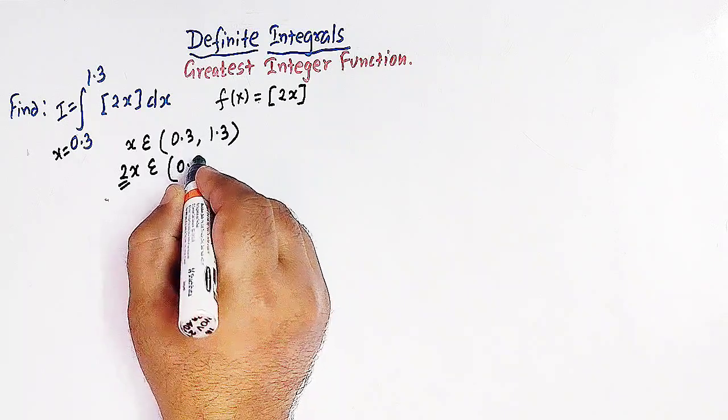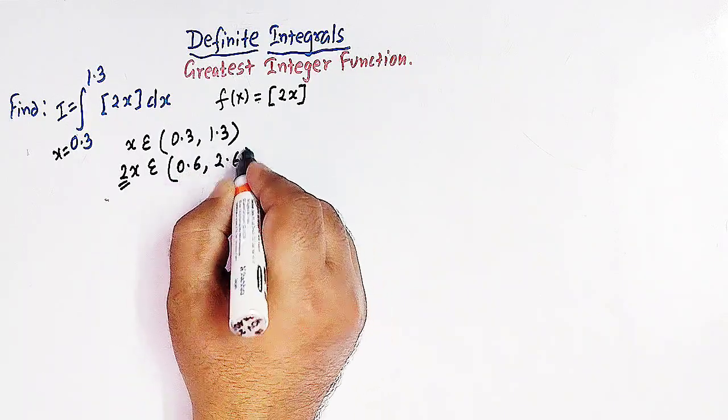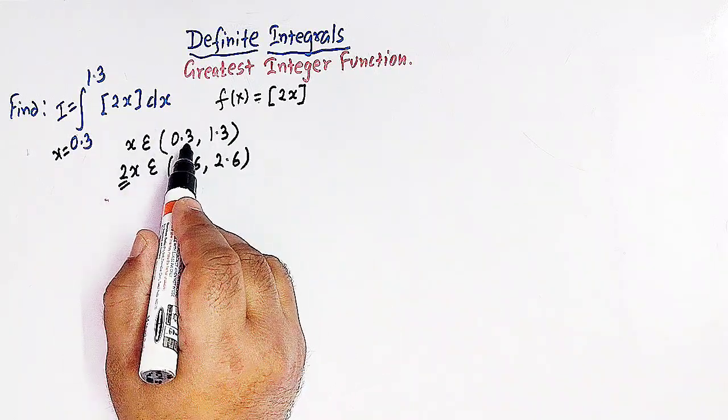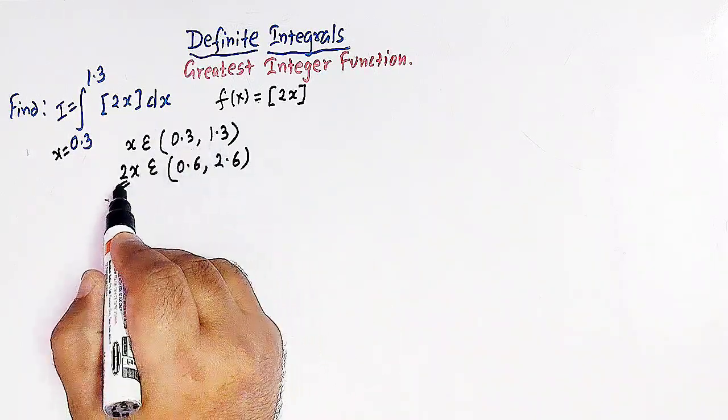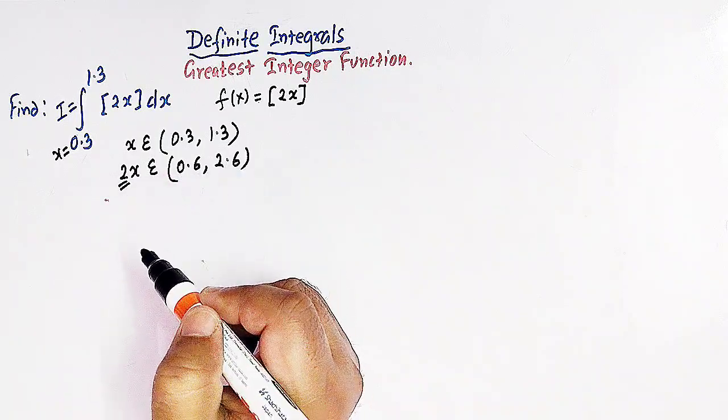So here we have 0.6 and here we have 2.6, right? So x varies from 0.3 to 1.3 and 2x varies from 0.6 to 2.6, right?